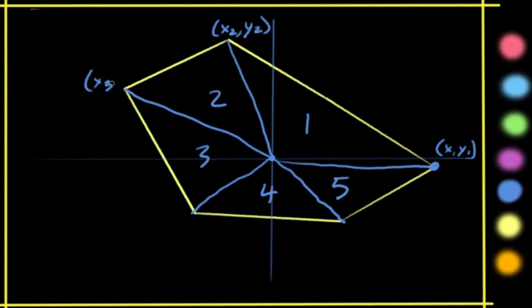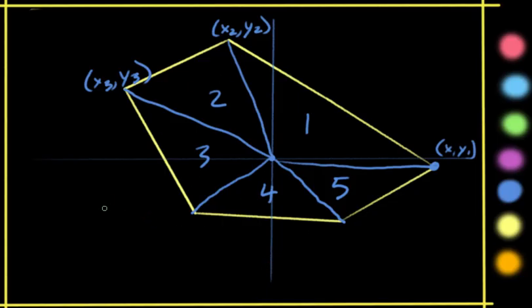This is x3, y3. Let's see what happens when I start doing the shoelace theorem on these triangles. Well, I guess it's pretty simple just by looking at the construction, that if we do the shoelace theorem on each of these triangles and we add up the areas, that should give us the area of this pentagon.